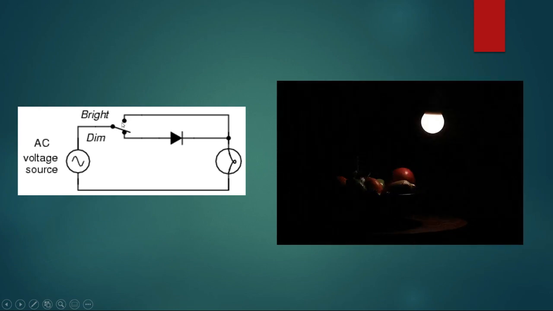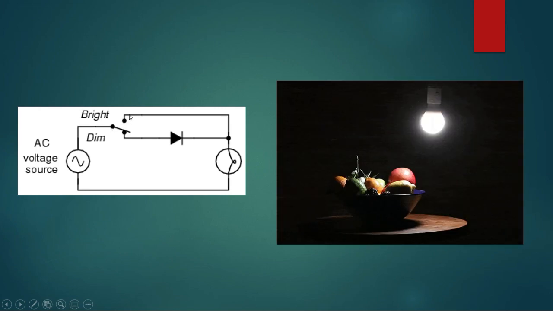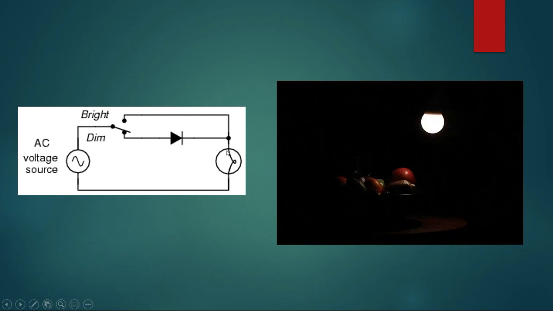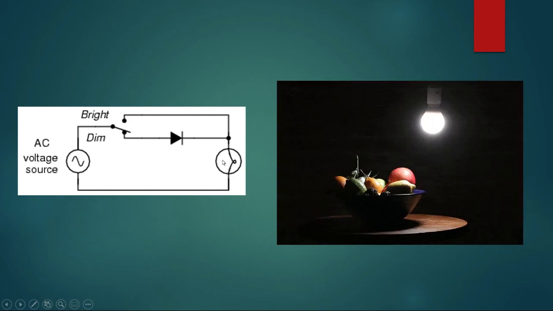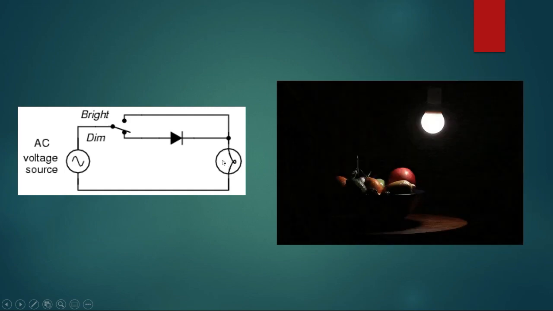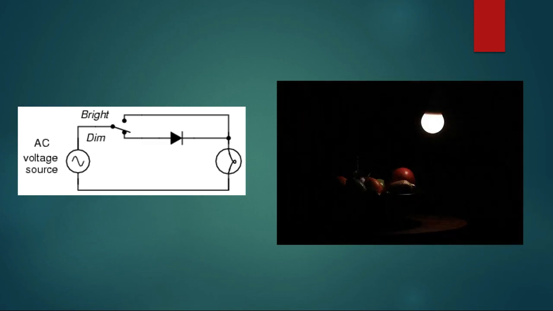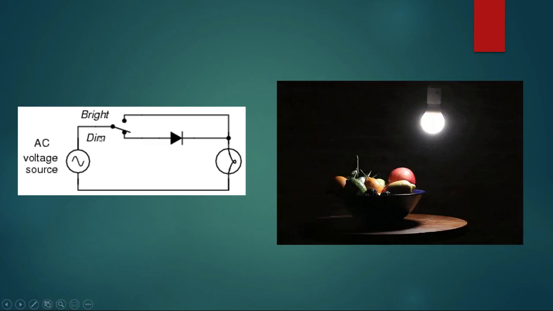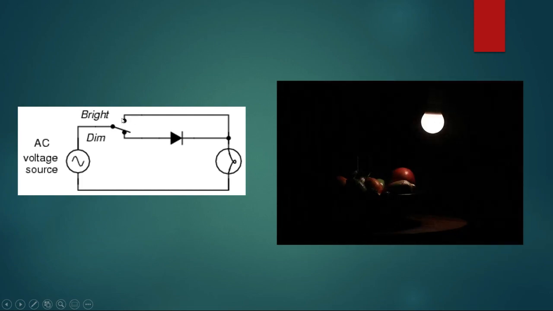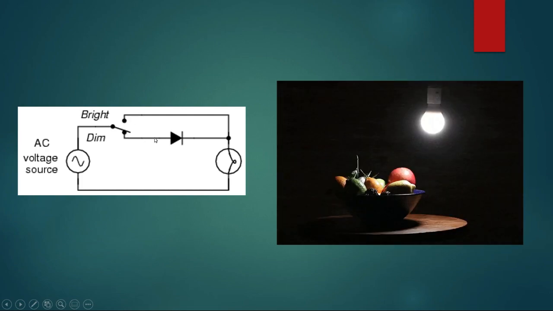If we close this switch directly, the direct AC current will go to the bulb and it will glow very brightly because it will get the full voltage. But if we want dim light in the night, what we will do is close this switch so that it goes across the diode.